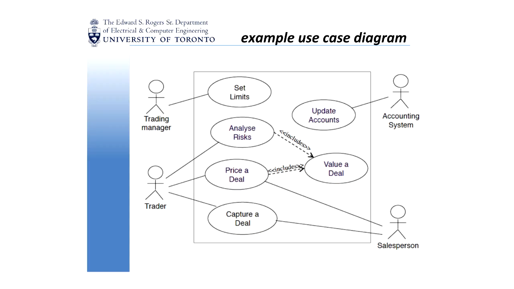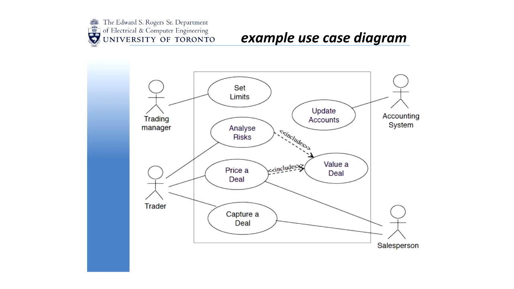Outside of this boundary, we have our actors, which are represented by stick figures. These actors define the roles that interact with our system, with the trading manager and the trader on the left, and the salesperson and external accounting system on the right.